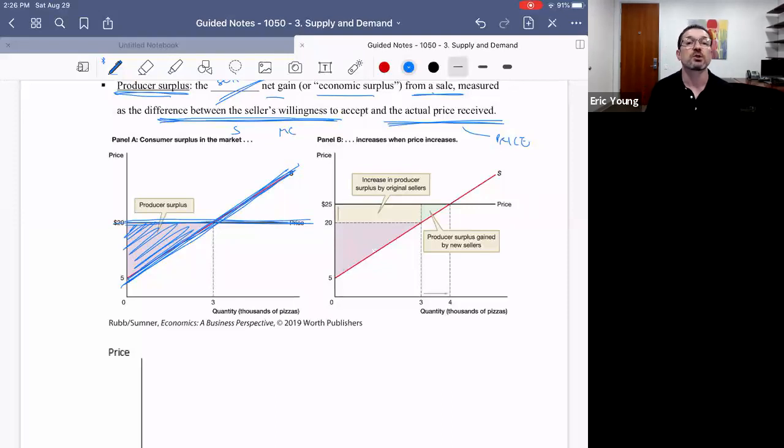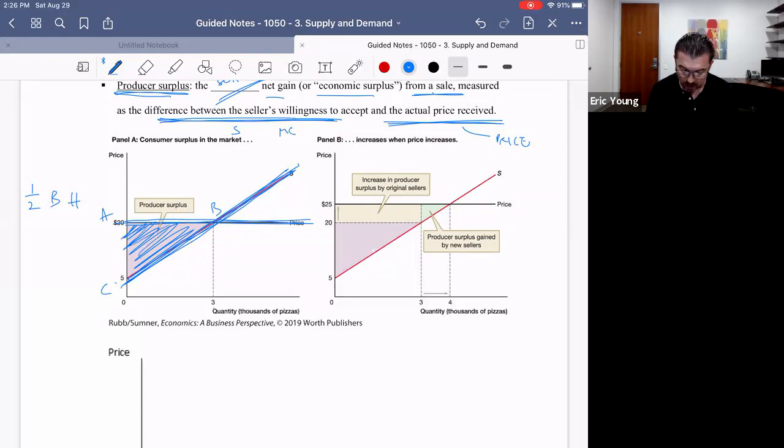Much like consumer surplus, we can measure producer surplus by calling it triangle ABC, or we can use the triangle formula, 1/2 of base times height, and plug in these values to actually calculate the size of the producer surplus.